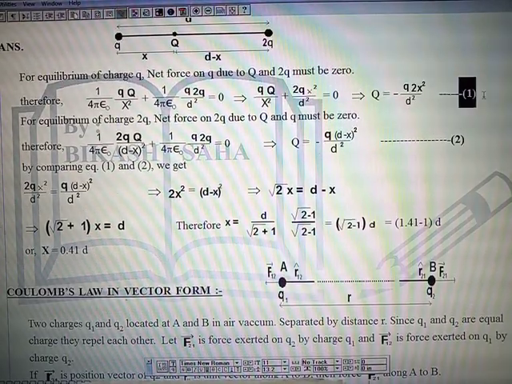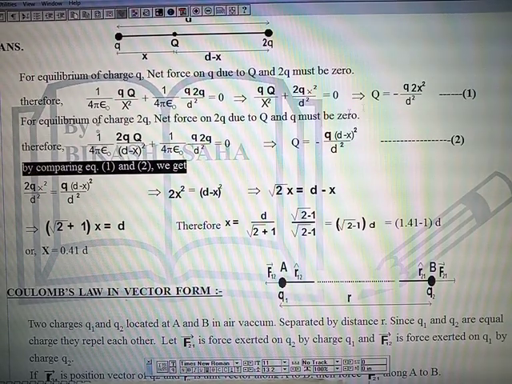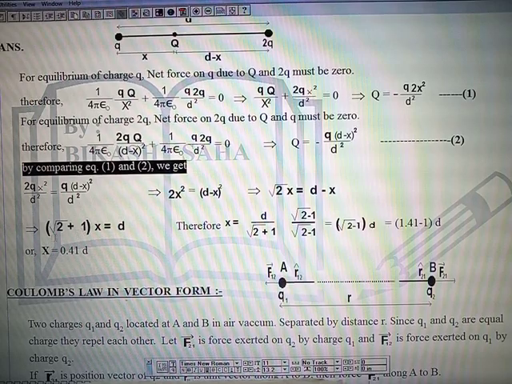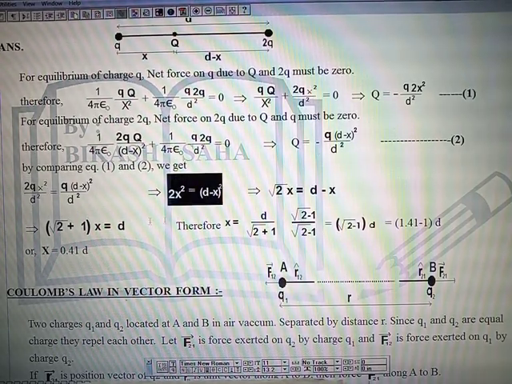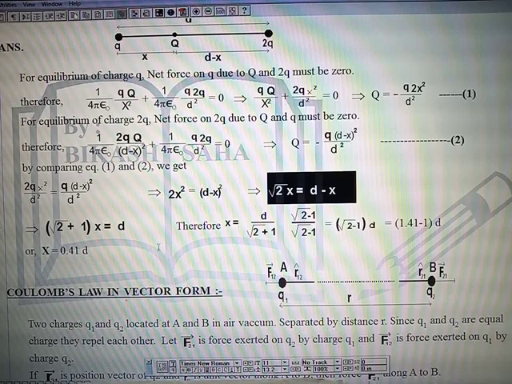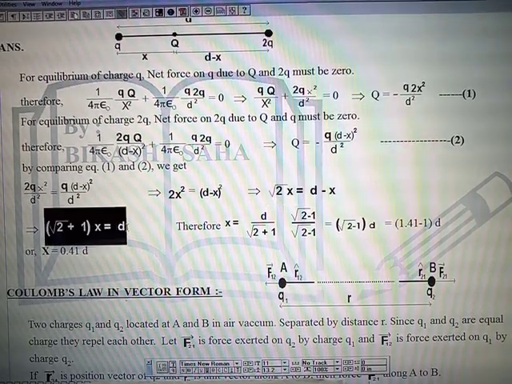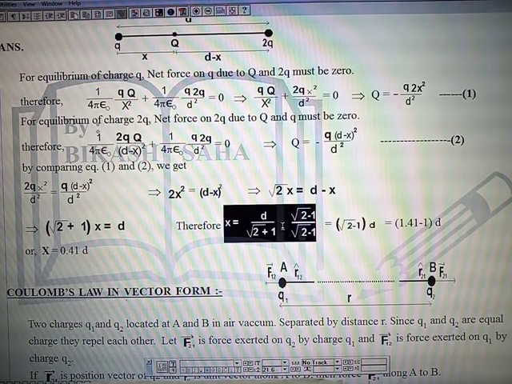After that, comparing equations 1 and 2 both, q is common in both. So let me write here both are equal. From this we got equation 2x, because d will cancel, q will cancel. Ultimately I got the value of d is this, and therefore the x value is this.